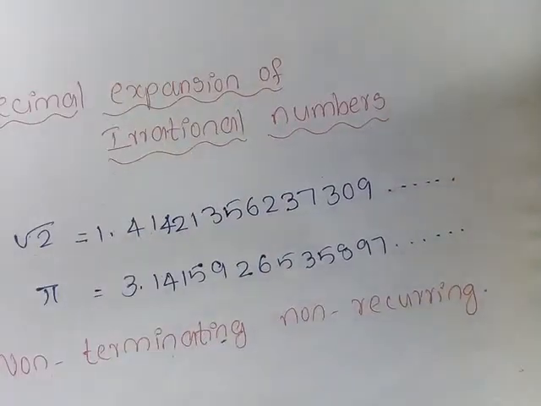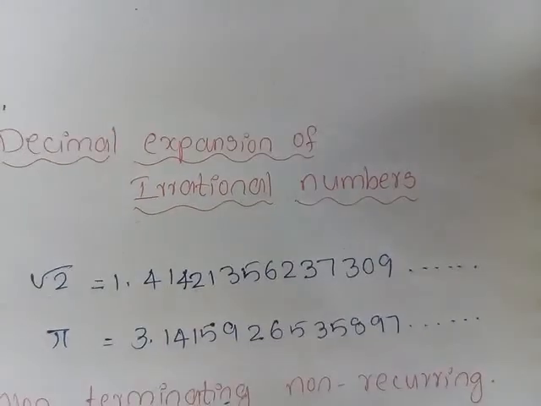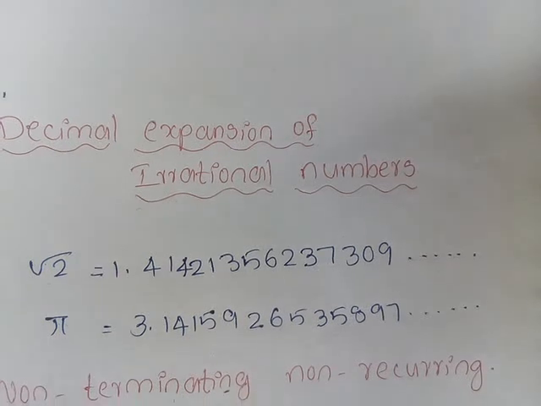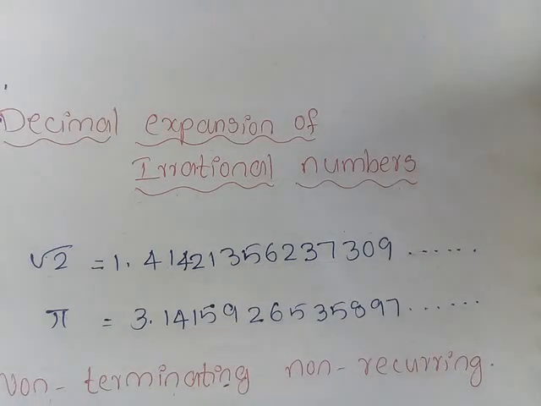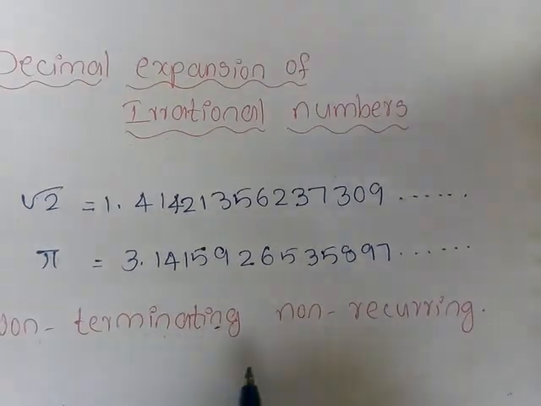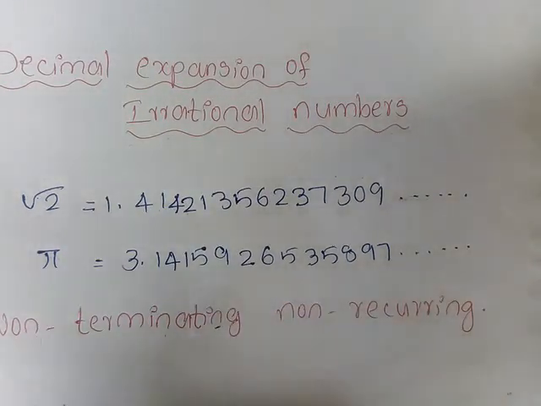Now we will discuss the decimal expansion of irrational numbers. We know that irrational numbers cannot be expressed in p by q form. What about the decimal expansion of irrational numbers? Because of the property of irrational numbers, we can conclude that their decimal expansions are non-terminating, non-recurring.